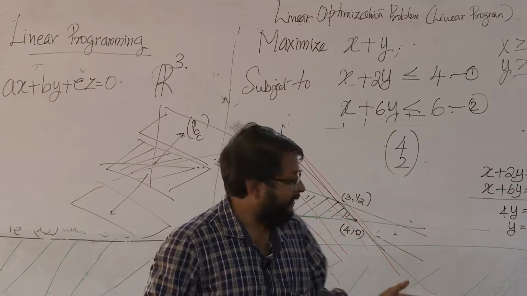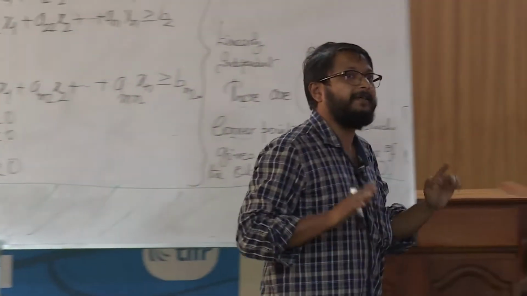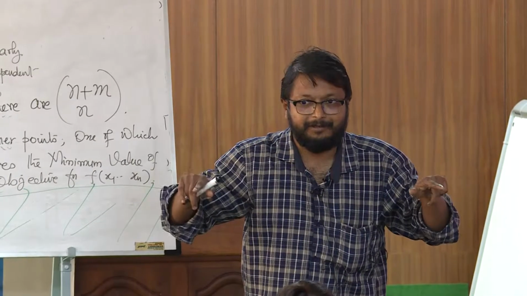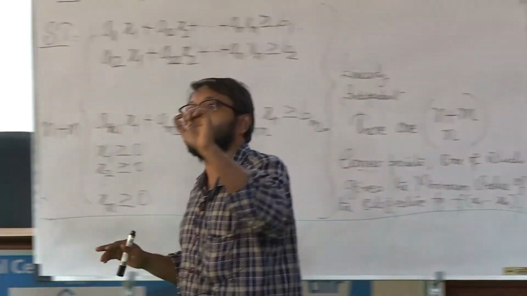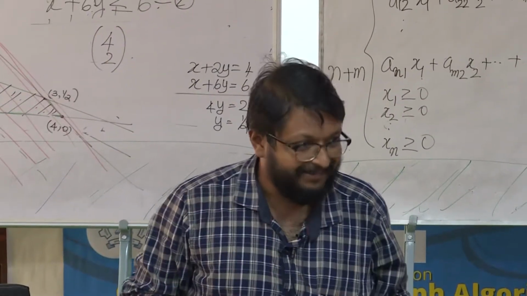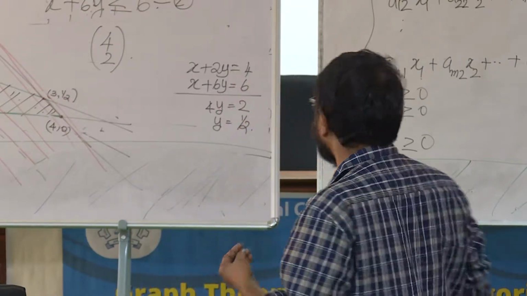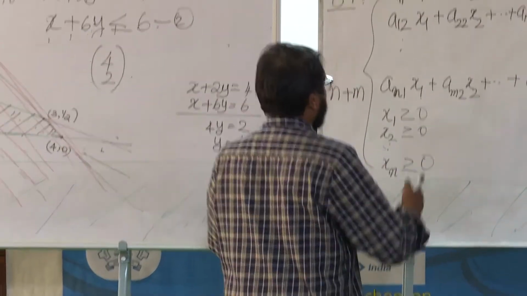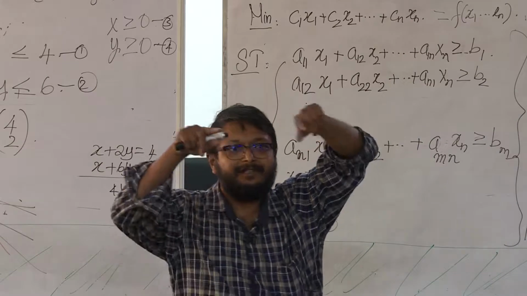But the fact that an optimal solution should occur on one of the corner points makes the problem a discrete or combinatorial problem, because you need to search a finite search space. This is what makes the problem immediately in NP, because given a point and the set of equations, you can easily check whether this point is the intersection of those planes.